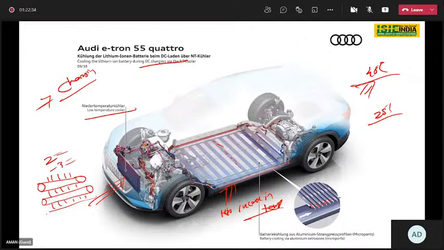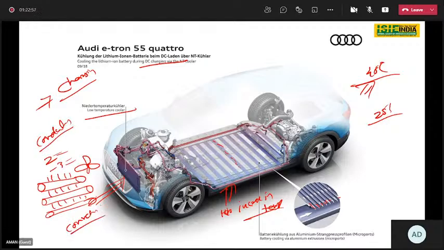This type of arrangement is there, and there is one fan. Due to this fan, it is like a forced convection. So with this heat, there is conduction, and due to this air, there is convection.